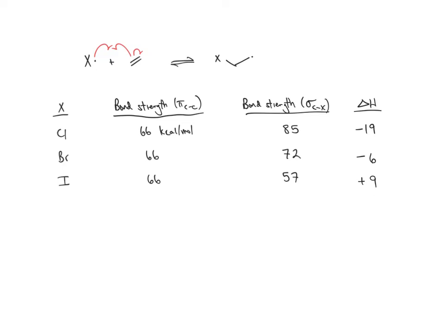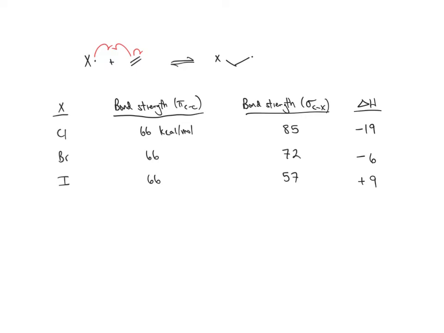Okay? So the overall exothermicity or endothermicity of this step is a combination of the bond strength that you lose and the bond strengths that you gain. So the pi C-C bond has a bond strength of 66, no matter which hydrogen halide is used, but the corresponding sigma C-X bond strength depends on the halide.